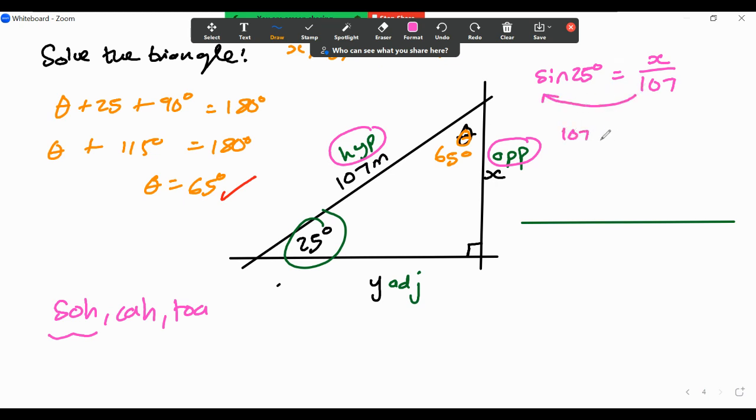It's going to become 107 times sine 25 degrees is equal to x. When the unknown is at the top, we simply just multiply it. So take 107 and multiply it by sine 25 on the calculator. That'll come to 45.22. X will equal 45.22. Okay.